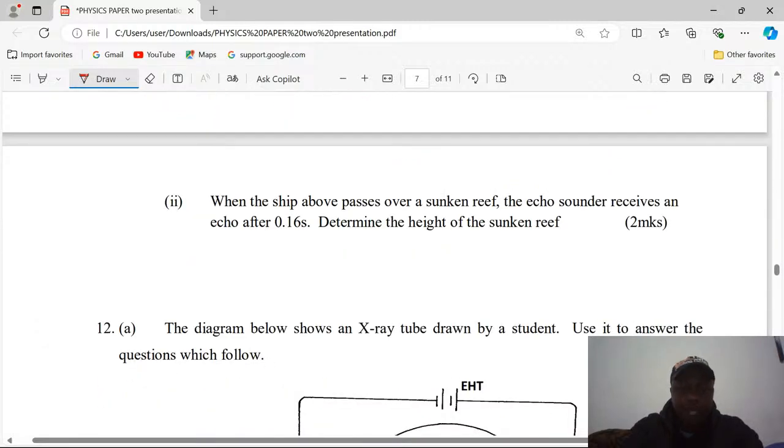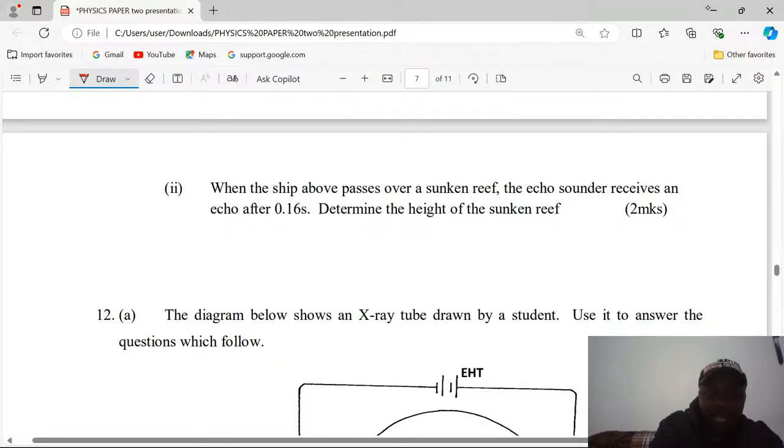When the ship above passes over a sunken reef, the echo sounder receives an echo after 0.16 seconds. Determine the height of the sunken reef. So the sunken reef is again going to give us a height, whereby we need to take again the speed, which is 1450.